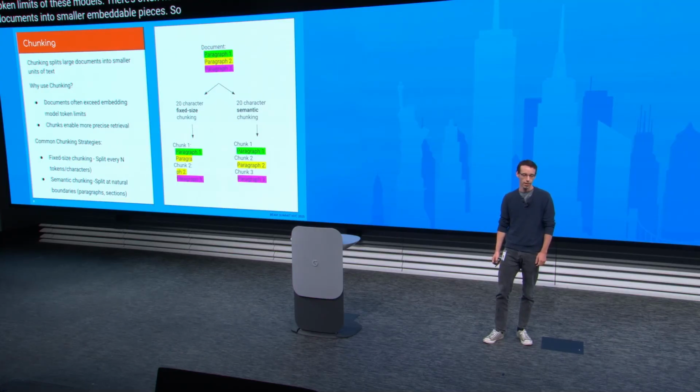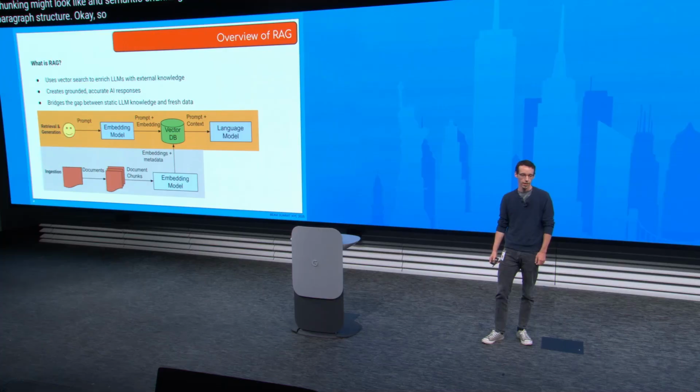So some common chunking strategies are just naively splitting the original document into fixed size chunks, or some more advanced like semantically splitting on natural sentence boundaries. Here's a little illustration of what fixed size chunking might look like, and semantic chunking maintaining the paragraph structure.